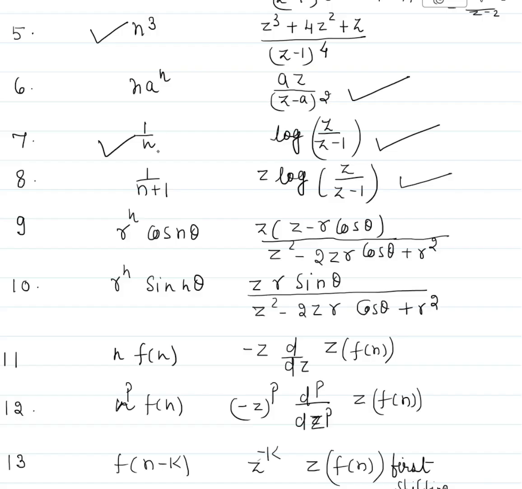If it is only 1 upon n, then we use the formula log z upon z minus 1. But if the function is 1 upon n plus 1, we will use z log z upon z minus 1. So we have to learn this formula to use in complicated functions like partial fraction questions or any other complicated function. So we have to learn this particular list.